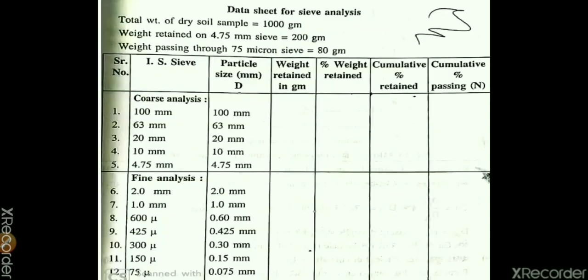So from this we have to plot this graph. Percentage passing, or percentage finer, is equal to 100 minus percentage retained. It means how much percentage is passing through all the sieves. So we have to plot the percentage passing versus particle size in mm on a log scale.